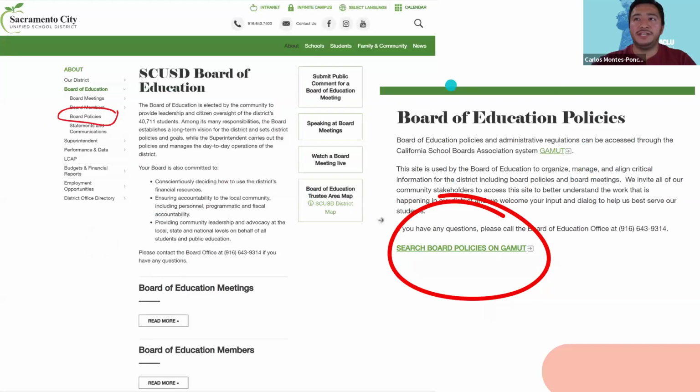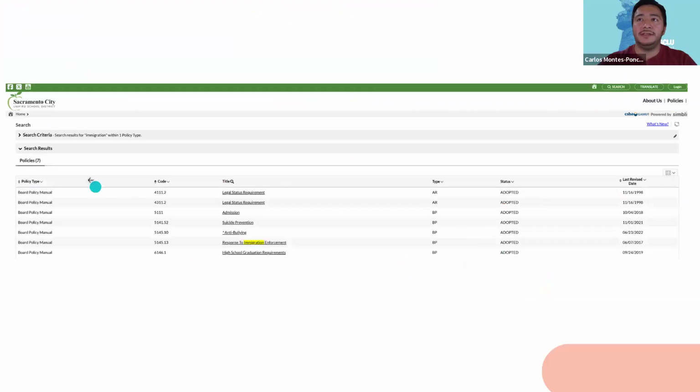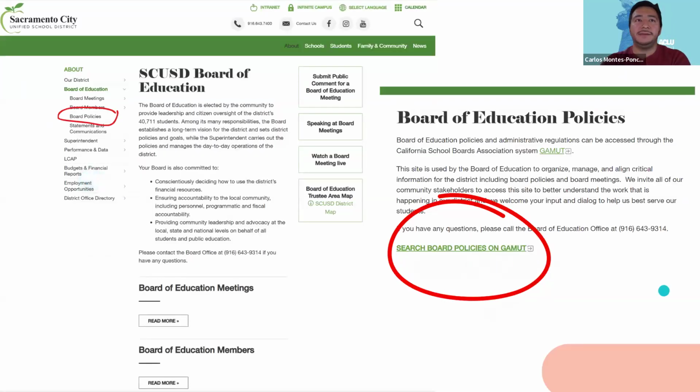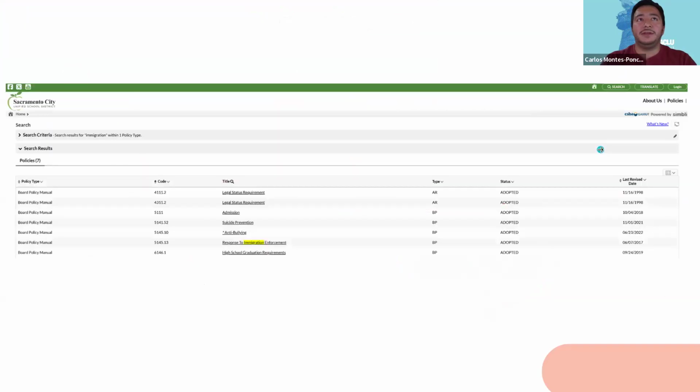It says Board of Education policies, and it allows you to utilize the GAMUT service, which essentially allows us to locate the model policies that have been adopted by the school board. And for this purpose, it'll take us to this other landing page, which, if you go on a search engine, you can type in immigration, and it'll pull up all the relevant board policy manuals.